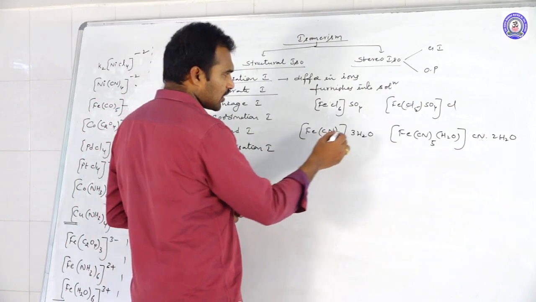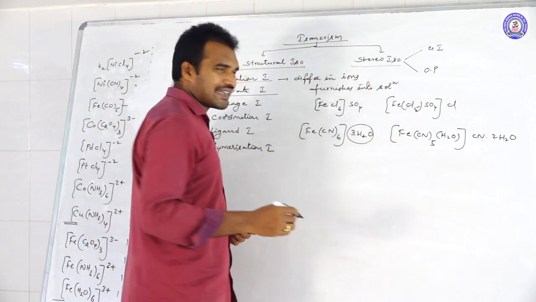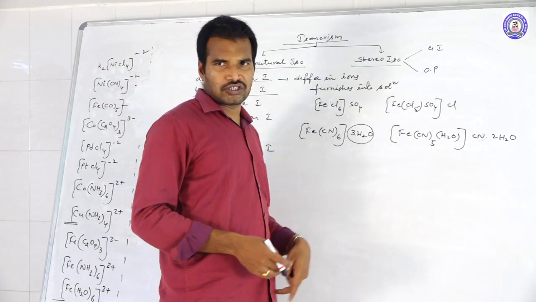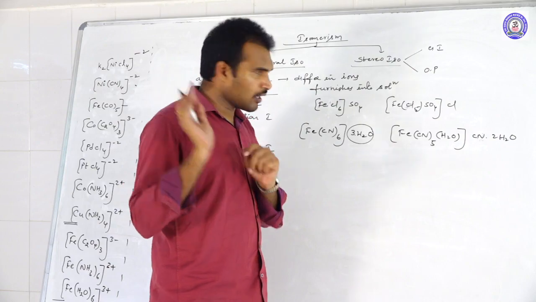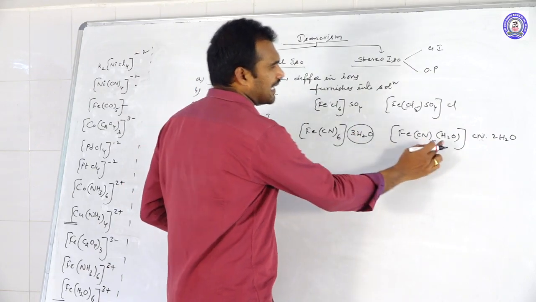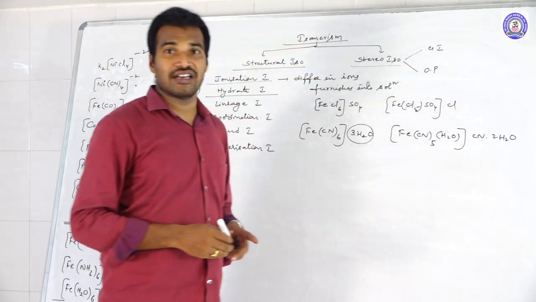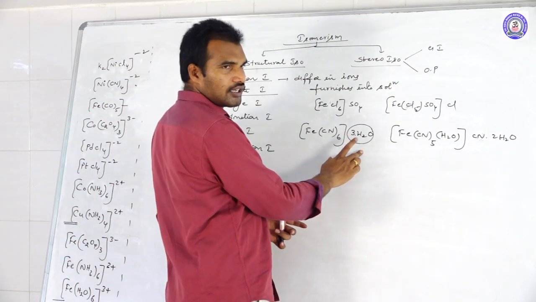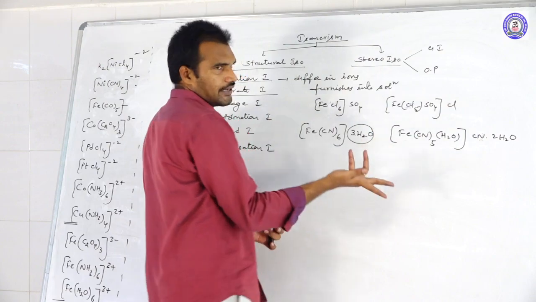In the first case, all three water molecules act as water of hydration. But in the second, out of three, one water molecule acts as a ligand. So there is an exchange of water between inside and outside.